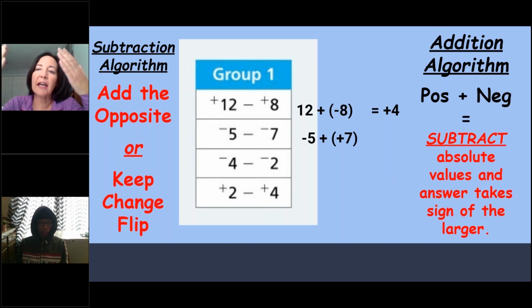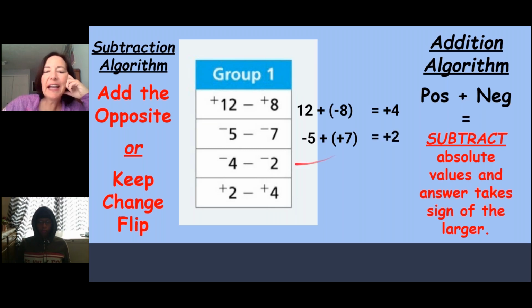It tells us when the signs are different, we subtract the absolute values. It doesn't seem right to our brain because it's an addition problem, but we have to subtract those absolute values. It would be a +2. It's exactly what that would be, Lana.